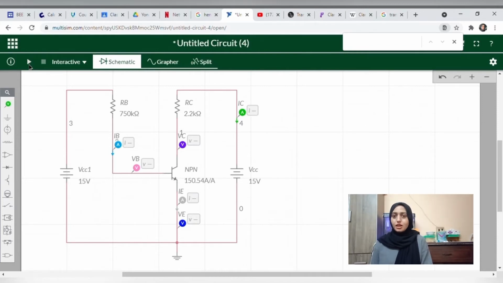Then we connect the RB resistor to the base junction of the transistor and the resistor RC to the collector junction of the transistor. Lastly, we connect our voltage source VCC and emitter junction to the ground.